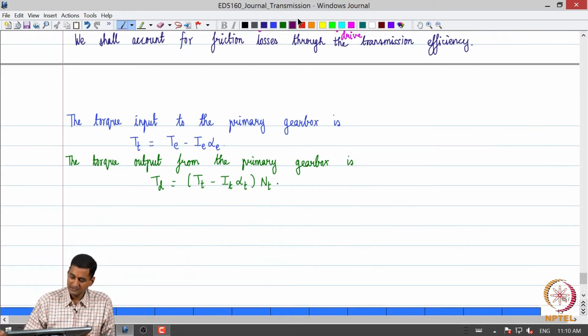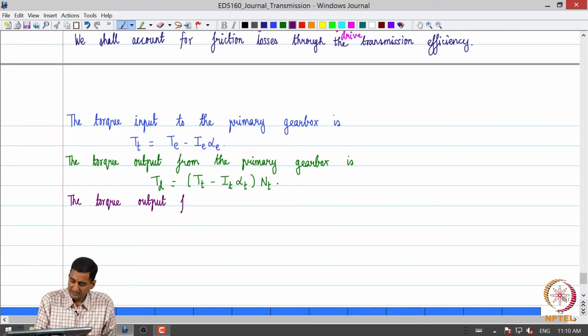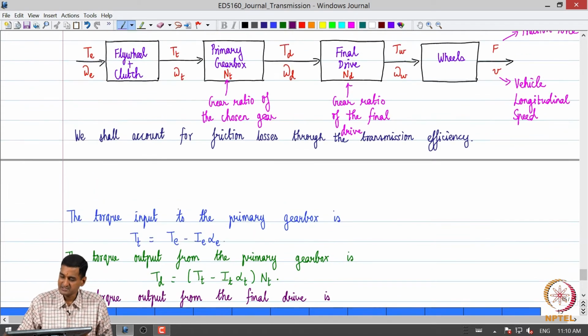So, the torque output from the final drive is represented as TW, because the output from the final drive is denoted as TW.